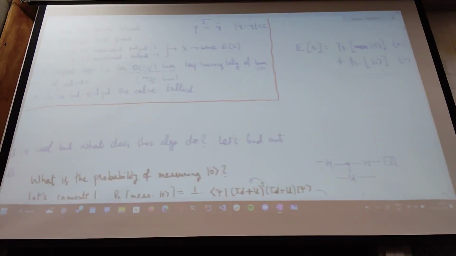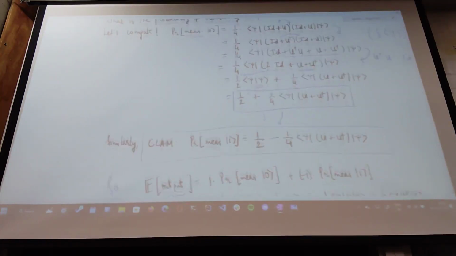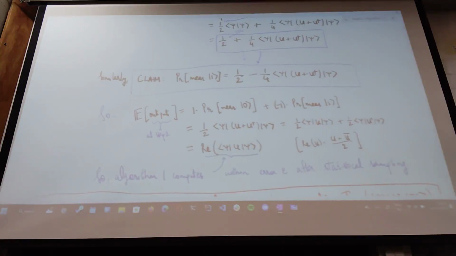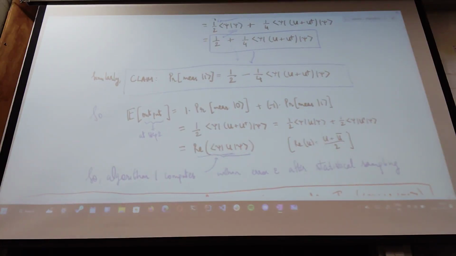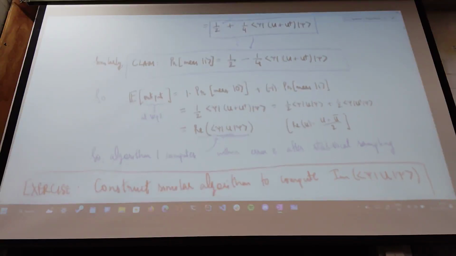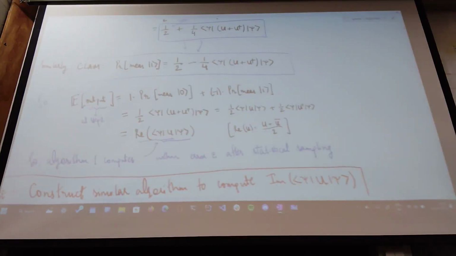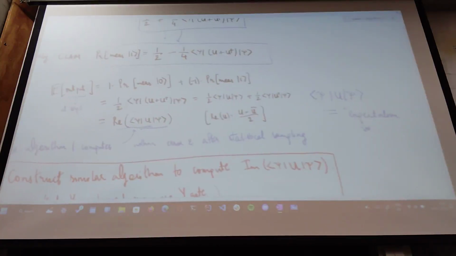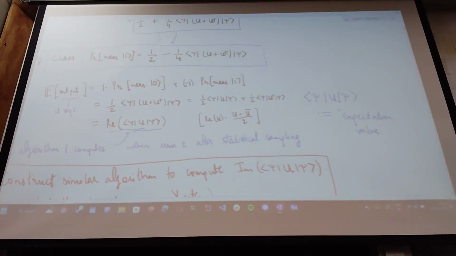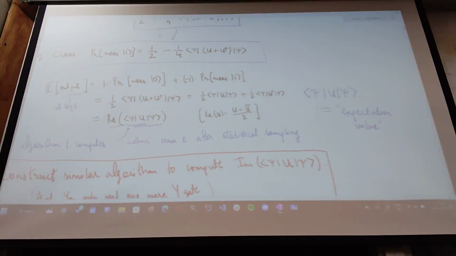So the output over here, what this gives us in the end, is just the real value of psi u psi, and this is a term which we will define to be the expectation value of u applied to state psi.